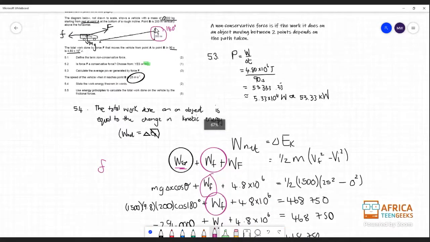How do you determine theta? Oh, okay, so the reason we used 180 over here is because we are moving up the hill, so we are going in the opposite direction of gravity. So that's why it would be cos 180. Remember in forces, if you were using a frictional force, then you would use cos 180 because you're going in the opposite direction.